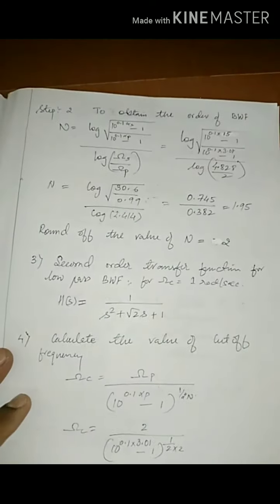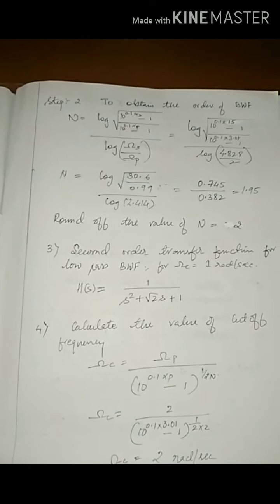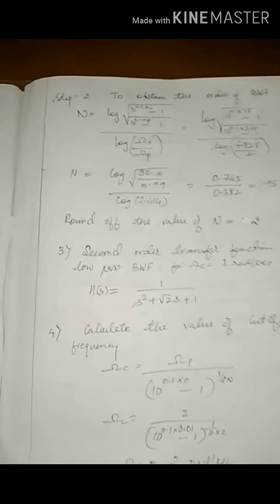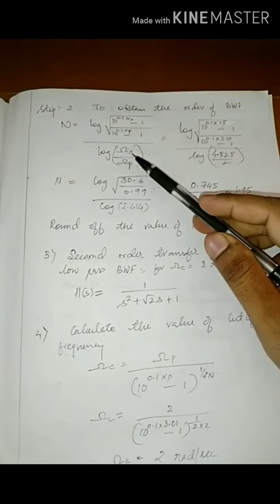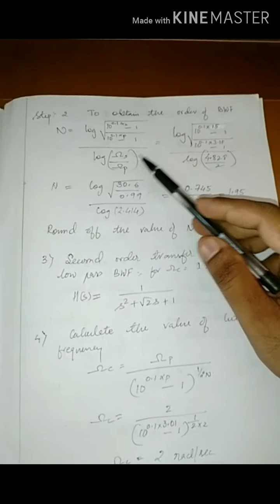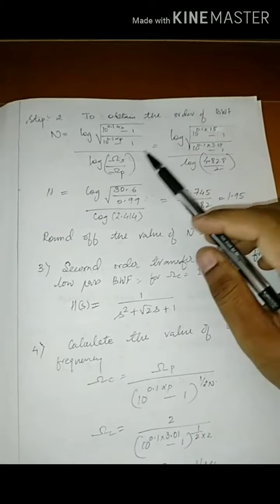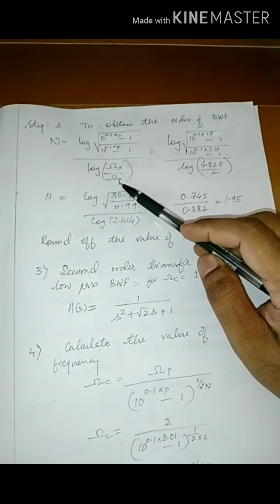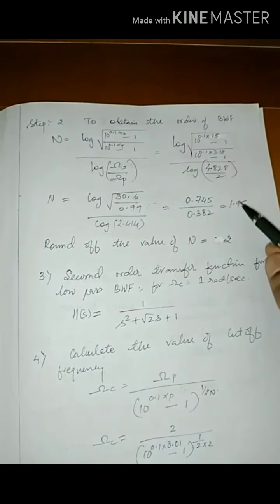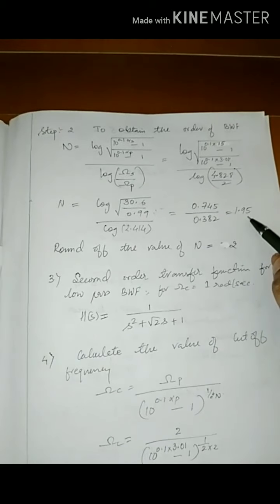Now to obtain the order of the Butterworth filter, this is the formula to calculate the order. Here the value of alpha s is 15, alpha p is 3.01, omega s is 4.828, omega p is 2. Substitute the values and you get the value of n as 1.95.